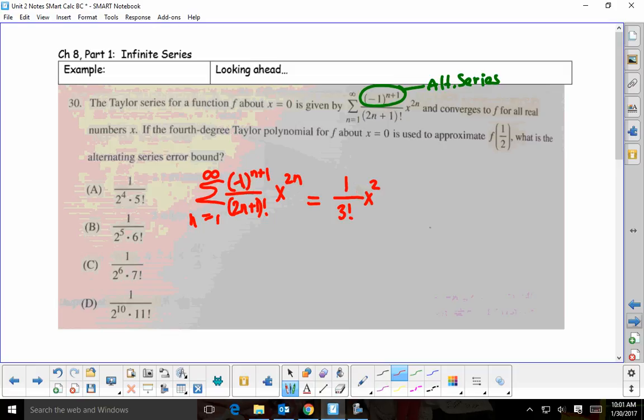We're only plugging it in for the n, not the x. Does everybody have that so far? Is that okay, that you can see how to just plug in the 1, 2, 3?